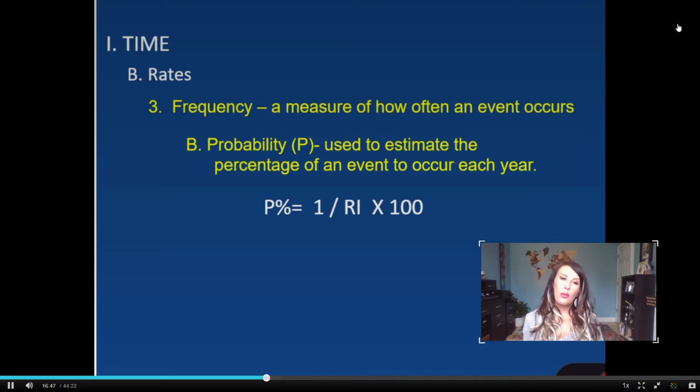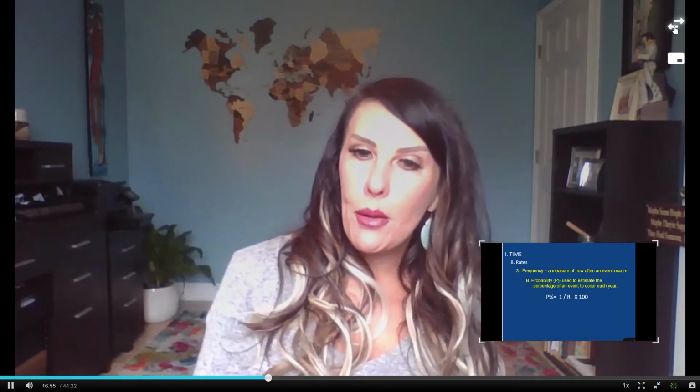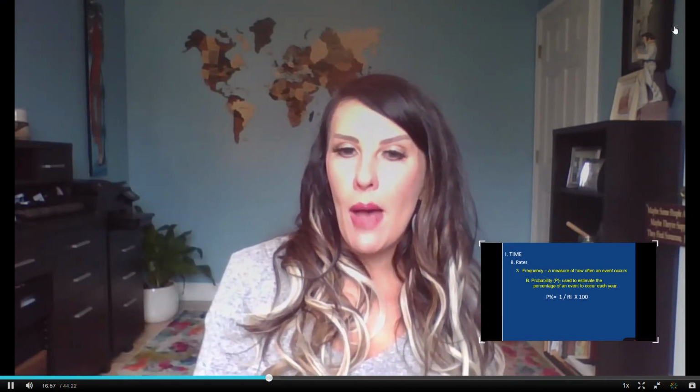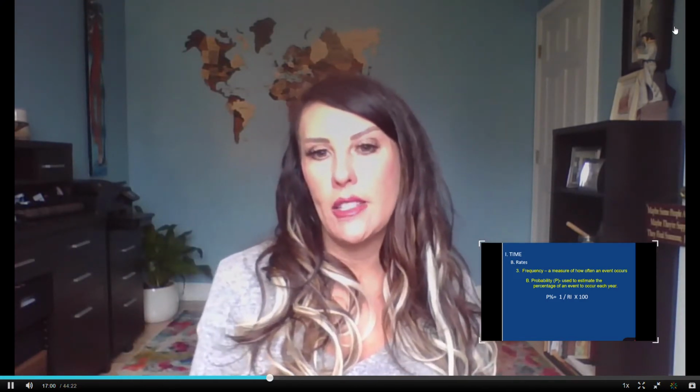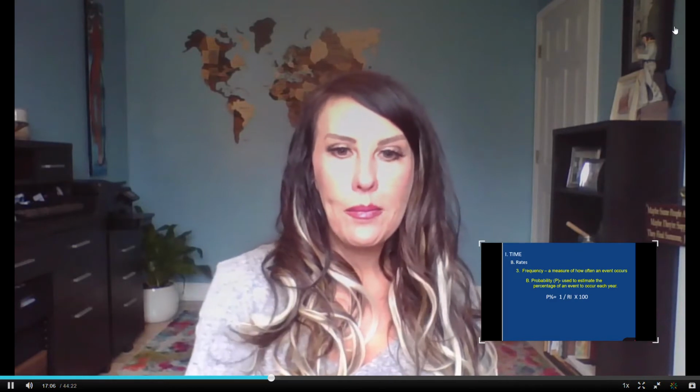So we talk about the 100-year flood. The 100-year flood should happen once every 100 years, but the probability of it happening twice in 1 year is less than 1% chance. It can happen, but it's unlikely to happen.